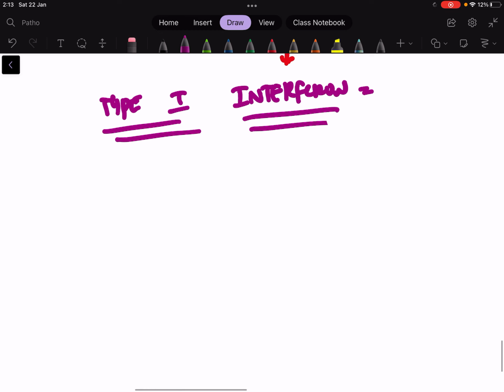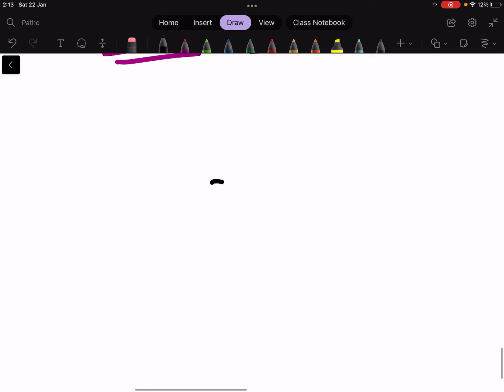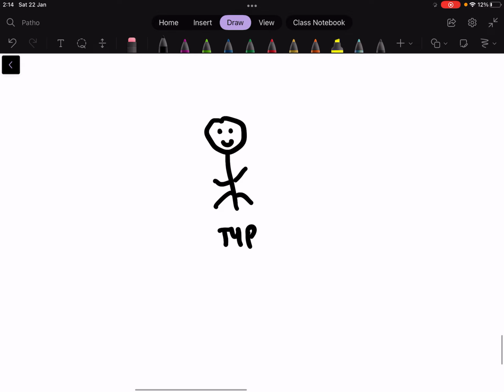So what is the function of this type 1 interferon? As you can see here is a guy, and this guy's name is type 1 interferon.